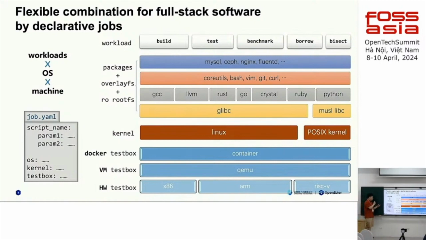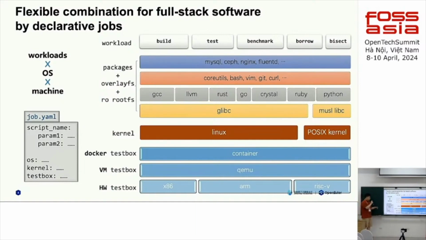Compass CI is declarative. All the job of it you submit is declarative. You just need to submit a job YAML to announce the parameters you need, or the operating system, the kernel, or the test box node.